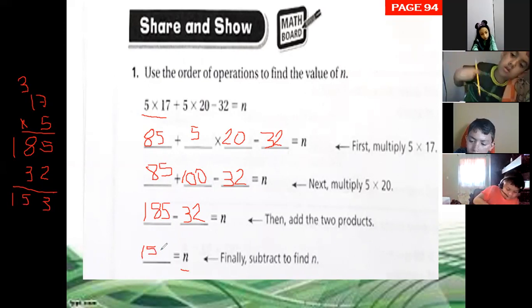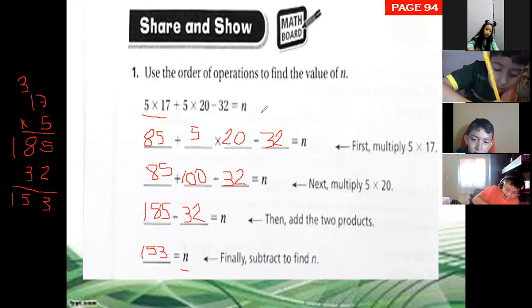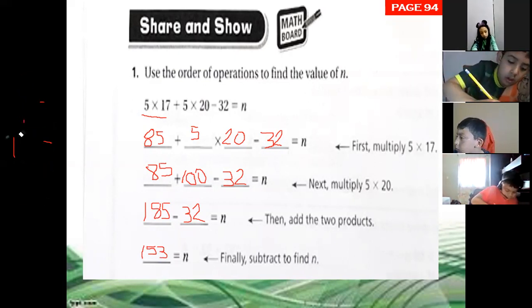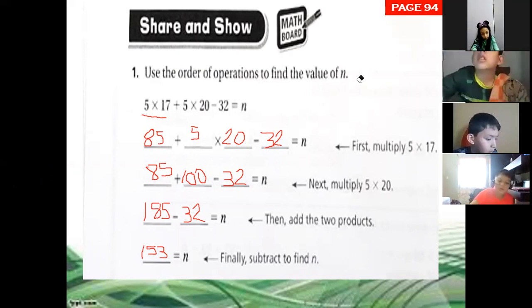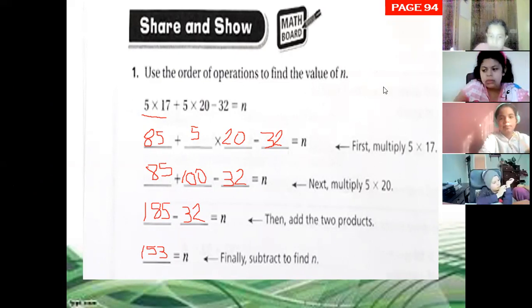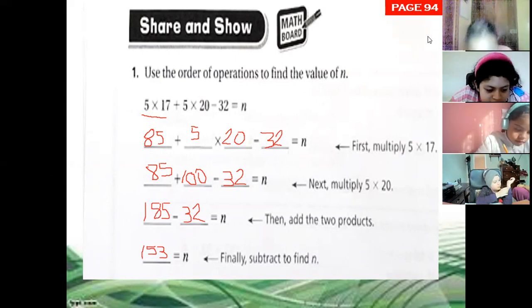N equals 153. So far, so good, class? Yes, miss. Did you copy? Yes, miss, I finished.